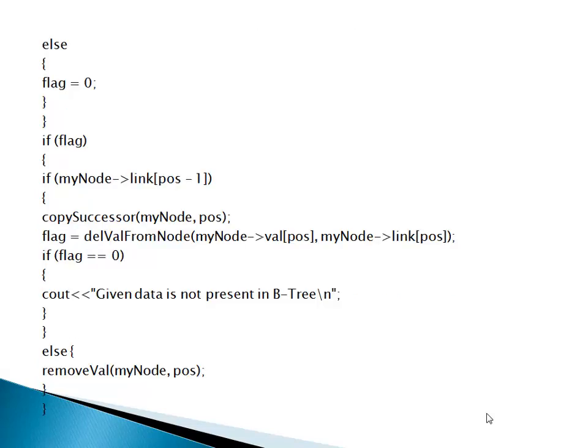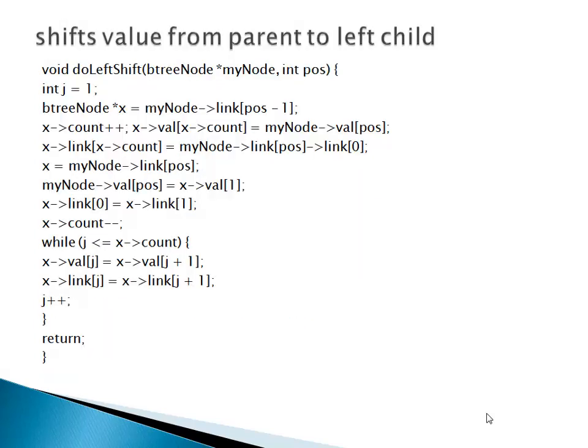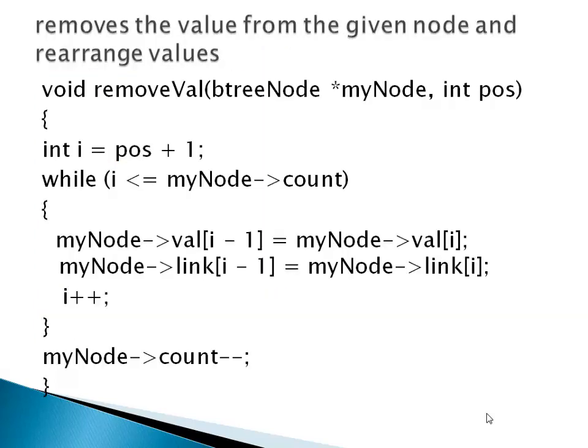If of flag, that is, if the value is found, then my node of link of position minus 1. First step what we have to do is copy successor, then flag equal to delete value from node. So now if flag equal to 0, then given data is not present, else we have to perform the remove value, that is, using this remove value function.